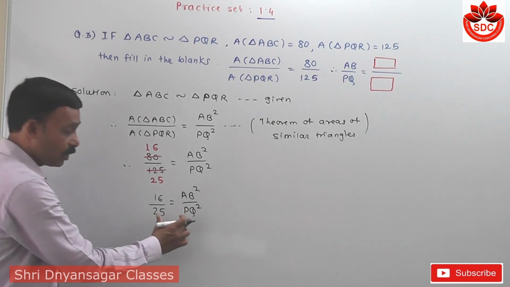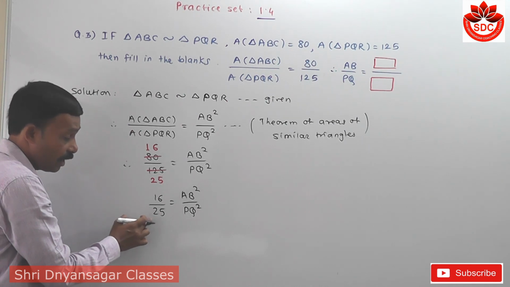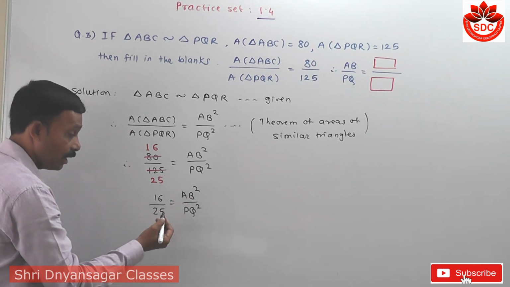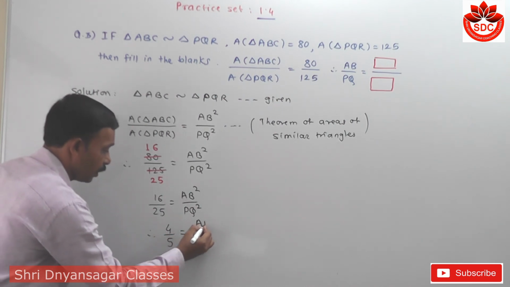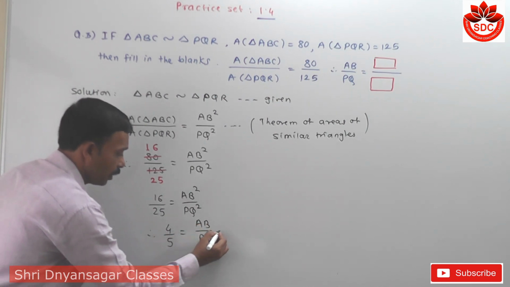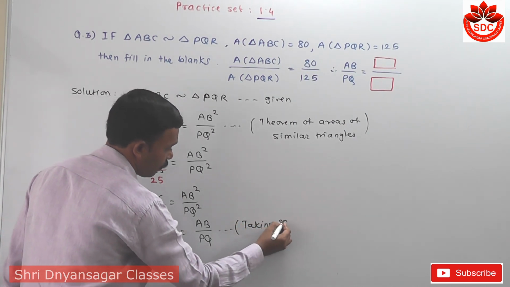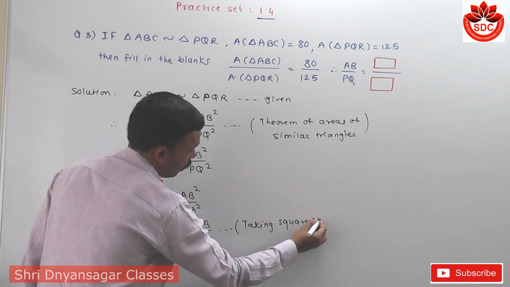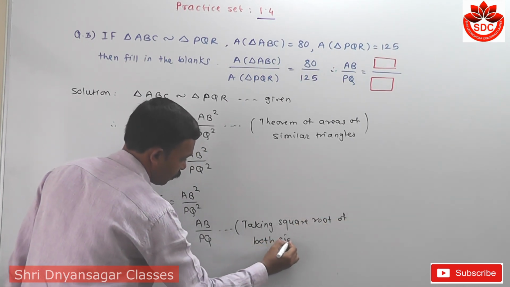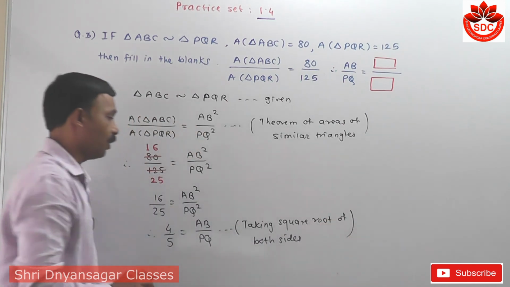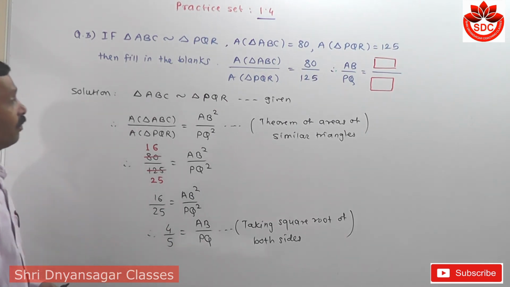When you observe both sides, here is the square, so we can find the square root of this 16 and 25 also. Therefore by taking the square root, we get 4 upon 5 is equal to AB upon PQ. Here I will write the reason: by taking square root of both sides. Now, AB upon PQ is equal to 4 upon 5.